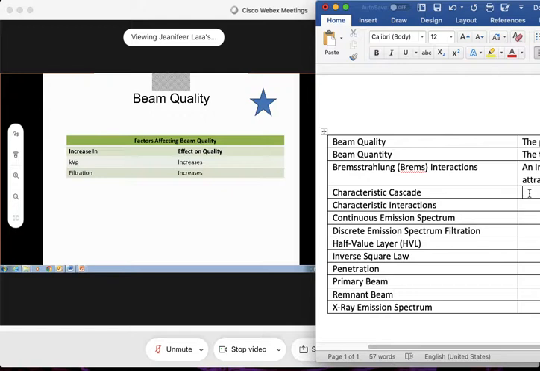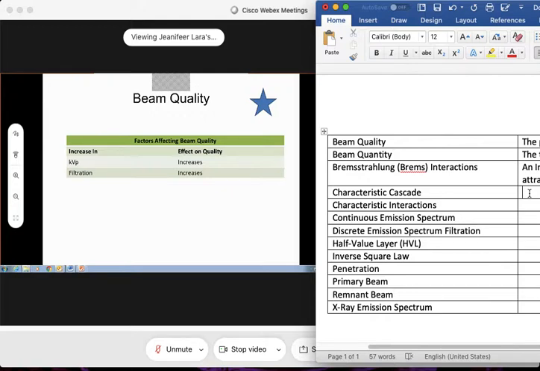Make sense? We understand the difference between beam quality and beam quantity? Yes. Thank you.